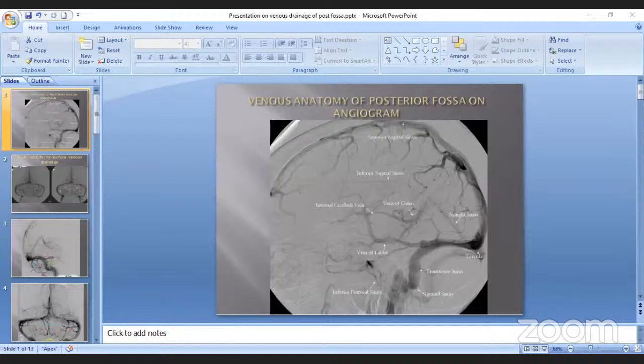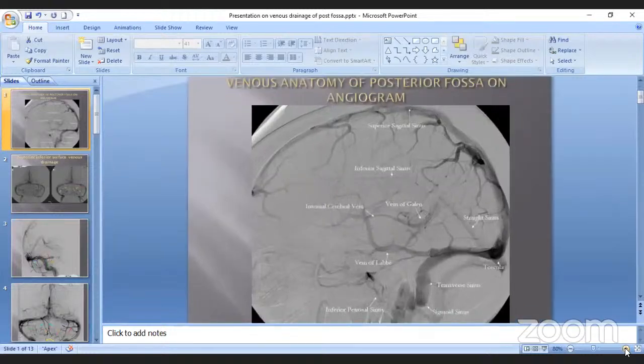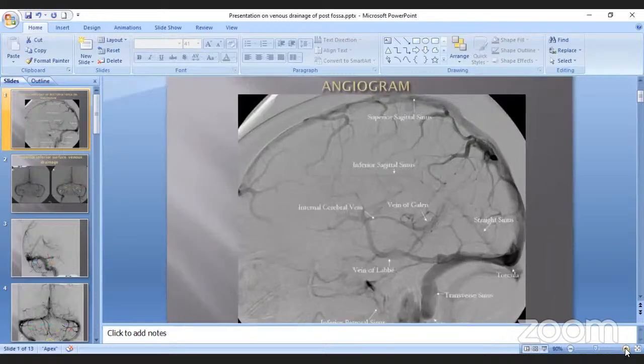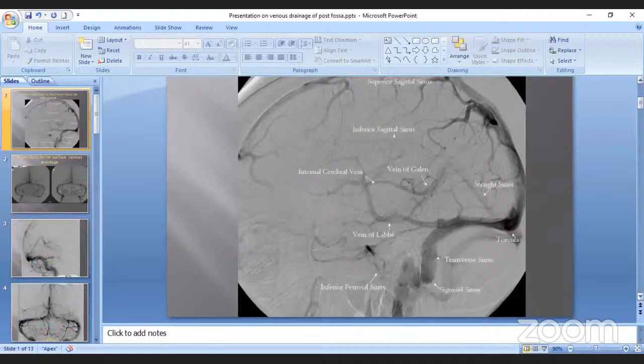Can you see the full screen now? Not yet. You can just increase the magnification. Maybe it's not going on full screen here on Zoom. Yes, a little better. There's some noise in the background. Maybe you're using a headphone.